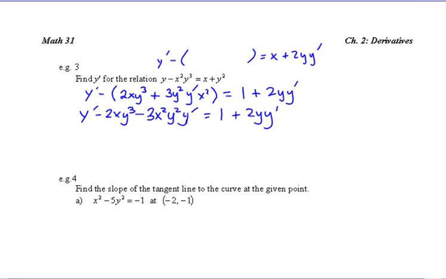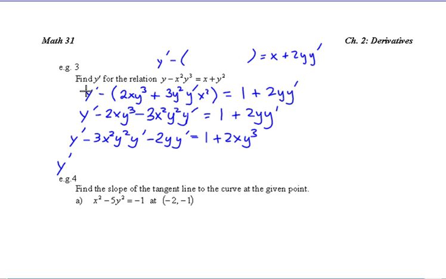All right, getting all the y primes on the same side. Did everyone move them to this side? I'm guessing so. And then everything without a y prime on the other side, so 1 plus 2xy cubed. Factor out the y prime, what do we get? Kate?